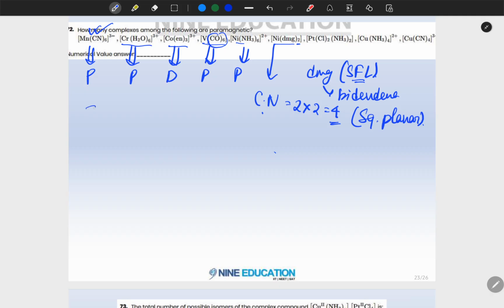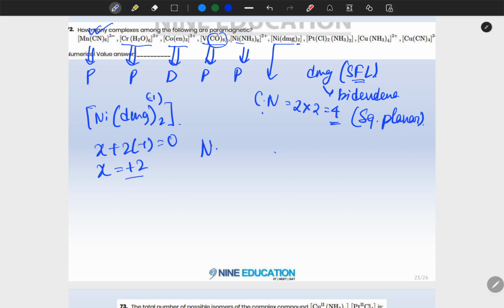Now what is the oxidation state of nickel in Ni(DMG)2? This is an anionic ligand. The charge on this ligand is -1. So I can write x + 2(-1) = 0. So what is the value of x? The value of x is +2. So nickel is present in +2 oxidation state.